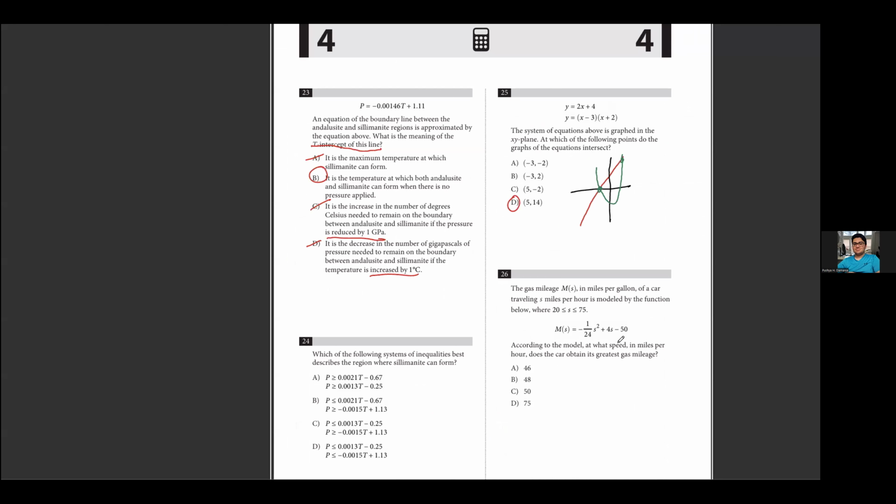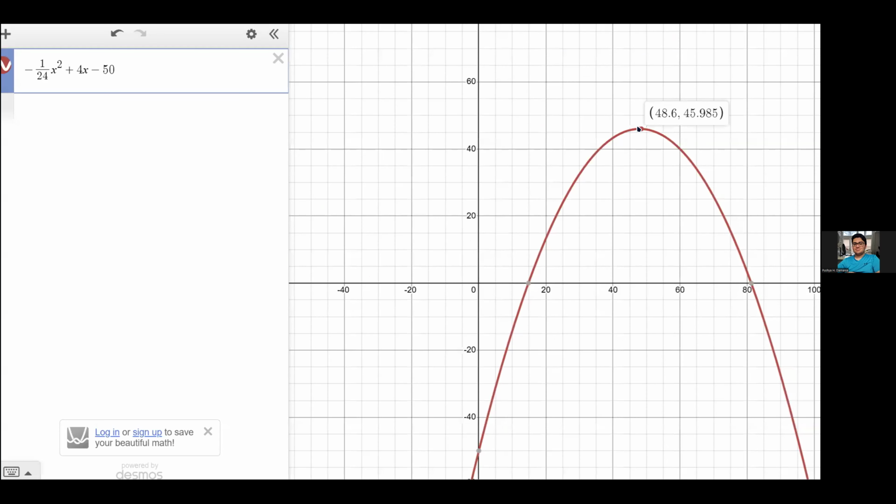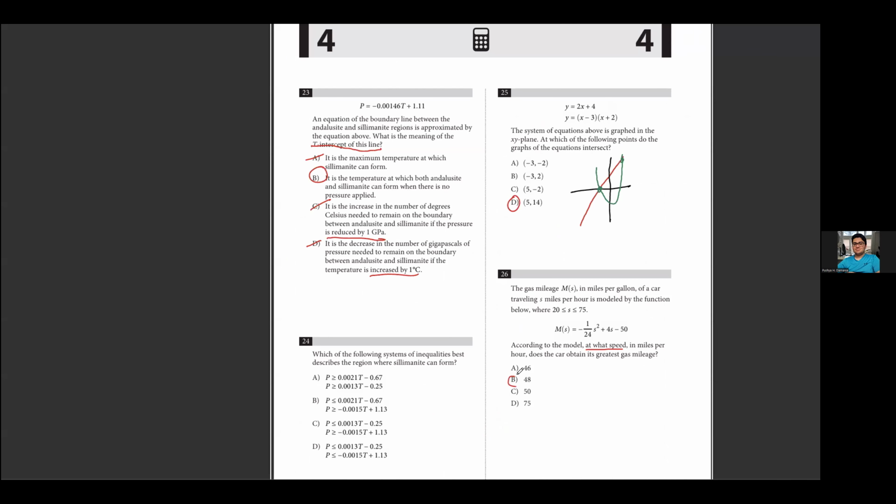It says at what speed does the car obtain the greatest gas mileage? Well, the greatest gas mileage is 46, and that happens at x equals 48. So the correct answer is B, 48. That is the speed at which it has the greatest gas mileage.